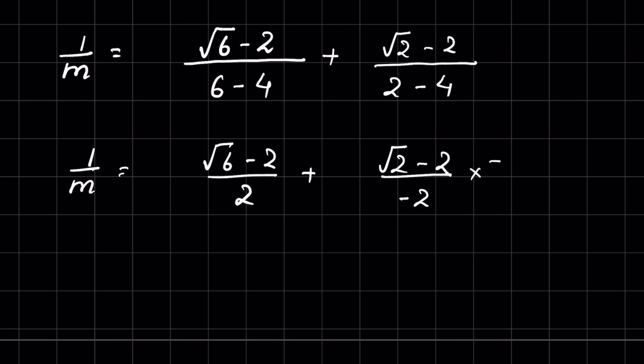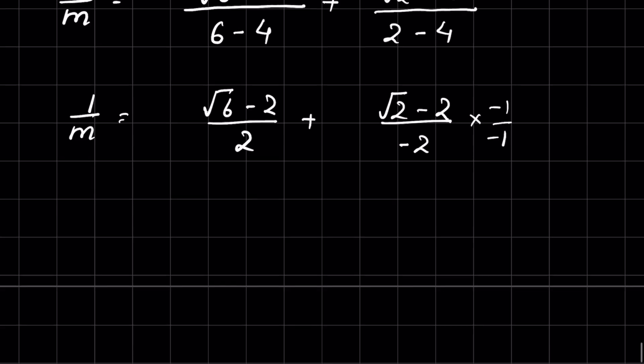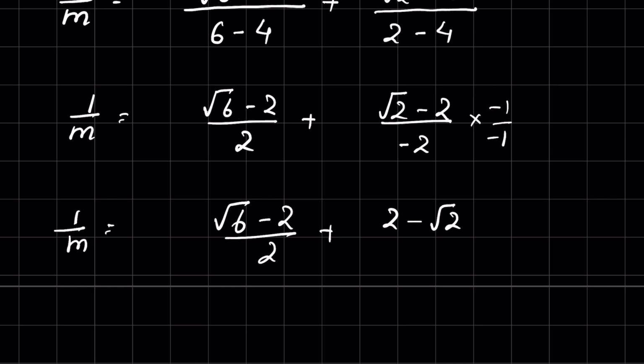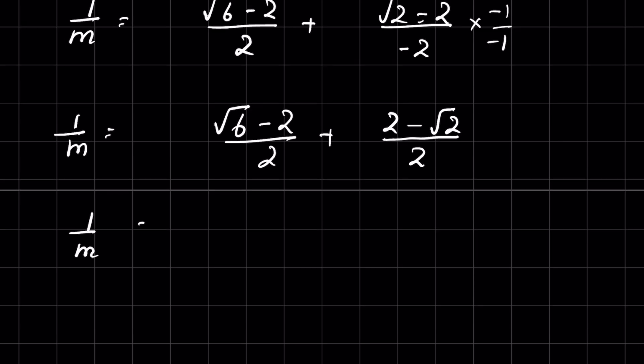So we multiply and divide it by minus 1. So 1 upon m is equal to square root of 6 minus 2 upon 2, plus it will be 2 minus square root of 2, minus minus becomes plus, and this is minus square root of 2 upon 2. Now we can add because they have the same denominator, so common denominator is 2.